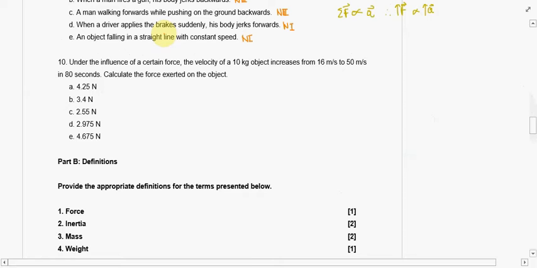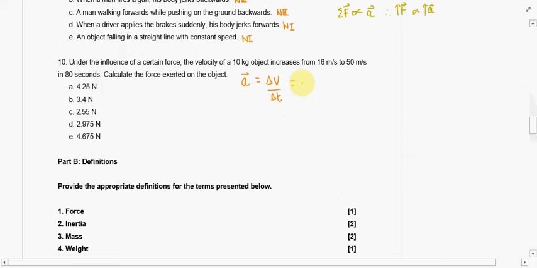Under the influence of a certain force, the velocity of a 10 kilogram object increases from 16 meters per second to 50 meters per second in 80 seconds. Calculate that force. We're given the mass of the object and a change in velocity, so we can calculate the acceleration when we have the time. The acceleration is equal to the change in velocity over the change in time.